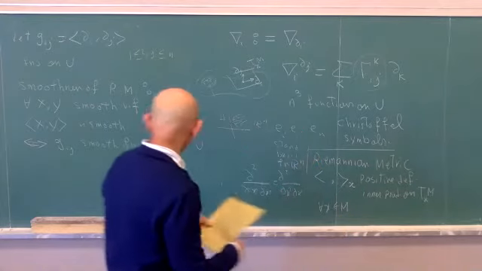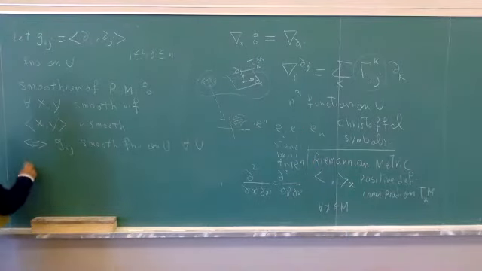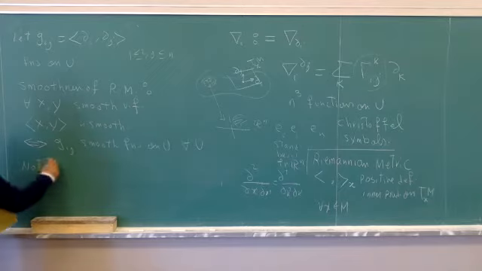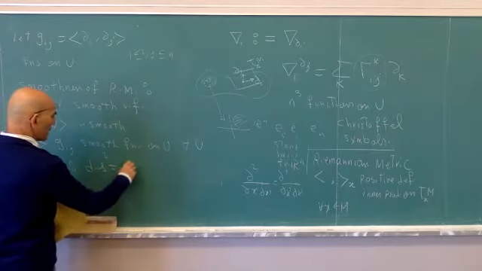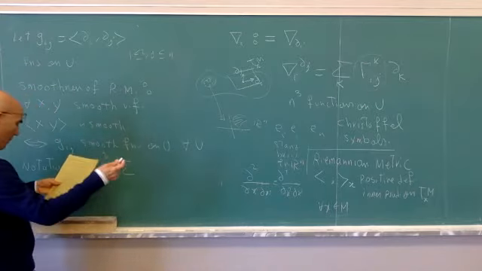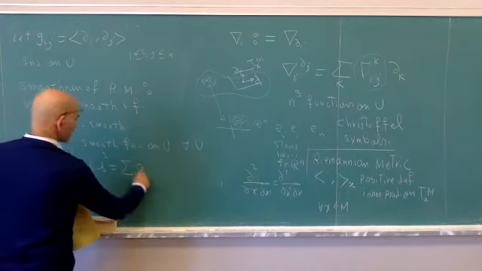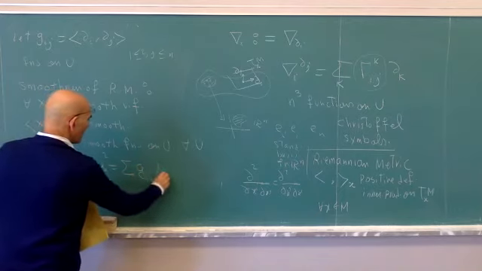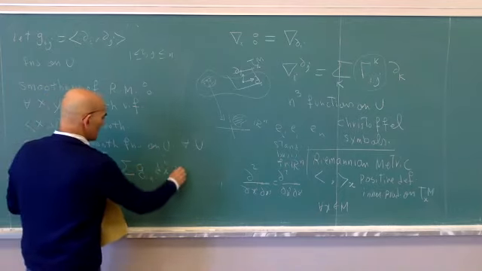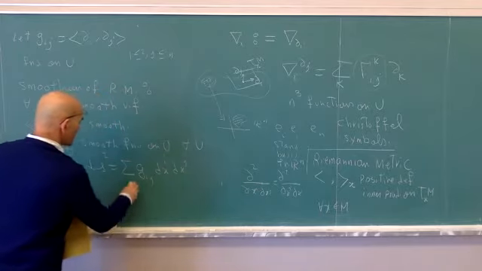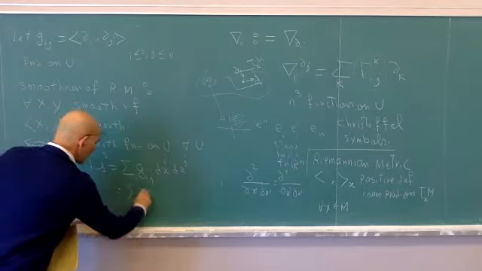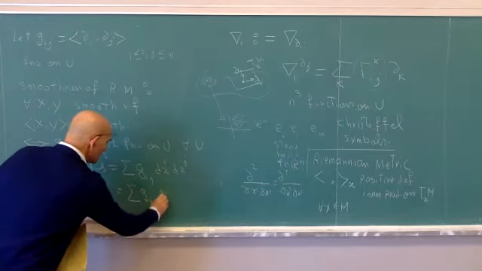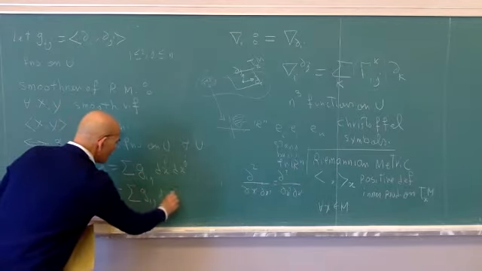Some notation: you may see the Riemannian metric in a chart written like ds squared equals the sum of g_ij dx_i dx_j. Sometimes people don't even put the tensor sign; or just write g_ij dx_i tensor dx_j.